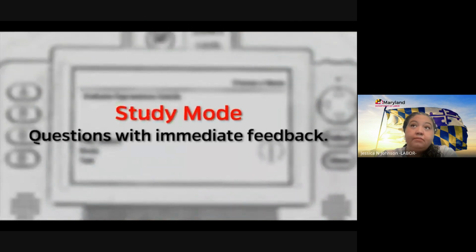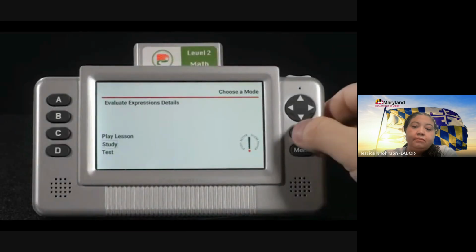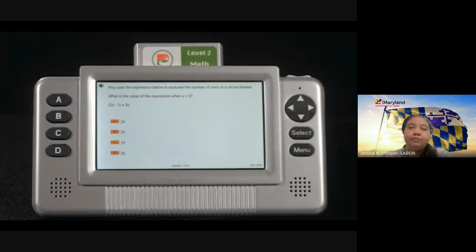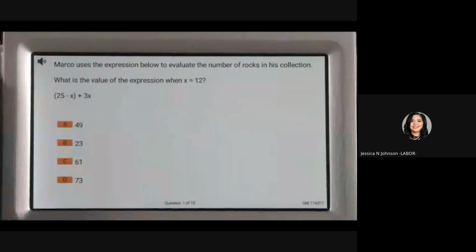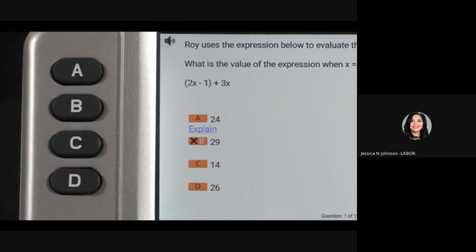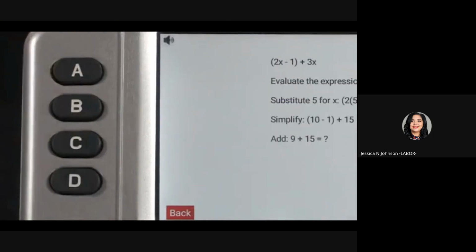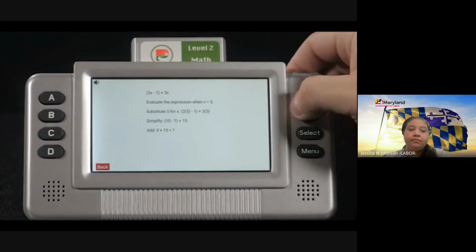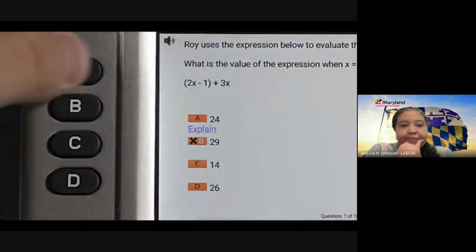The study mode is then used to present 10 questions with immediate feedback. When the study mode is selected, 10 questions are randomized from a larger bank. When a question is answered, one sees immediately if the answer is correct. If it is not, press that answer selection again to see carefully crafted step-by-step feedback. Use the 4-way button to go back and find the correct answer.